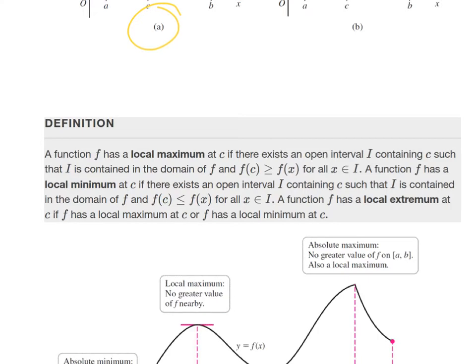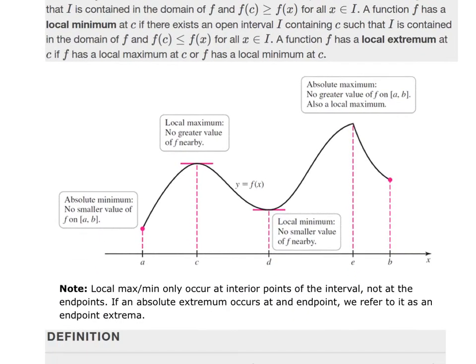So as an example, here's this lovely, lovely graph. In this graph, I have an absolute minima. We're on a closed interval from A to B. I have an absolute minima, and that happens at x equals A, and it is whatever that output is.